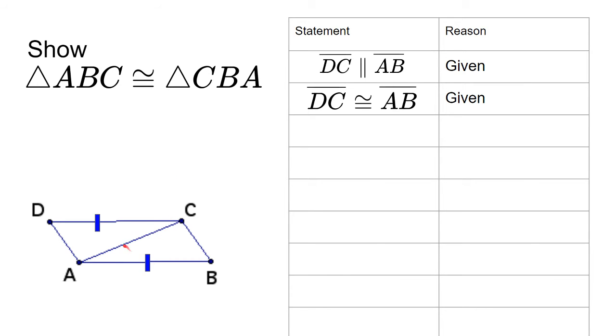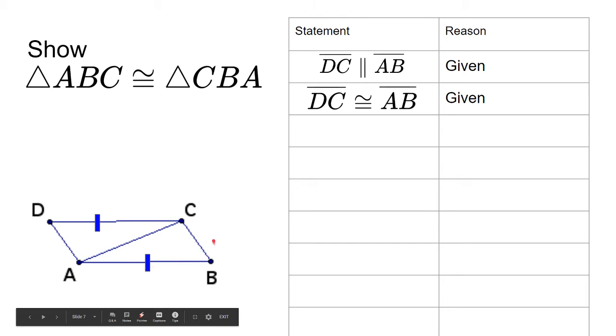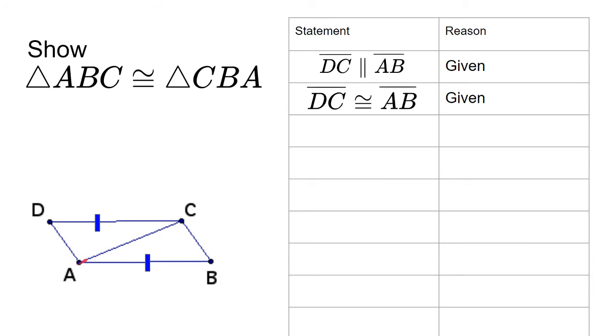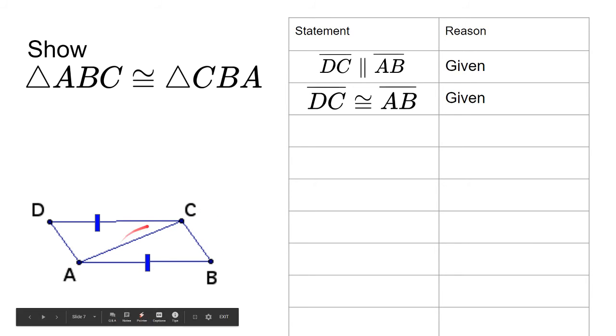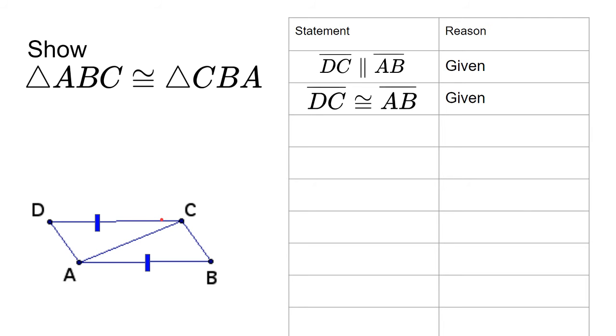Alright, so what do we know? We know that these are parallel lines DC and AB, right? And they're cut by this transversal, AC. And what do we know about transversals? We know that the alternate interior angles are congruent. So we know that angle DCA is congruent to angle BAC by alternate interior angles. That's great.